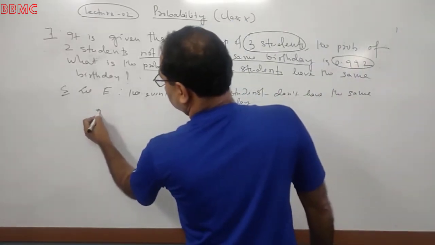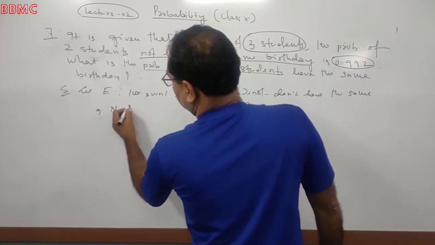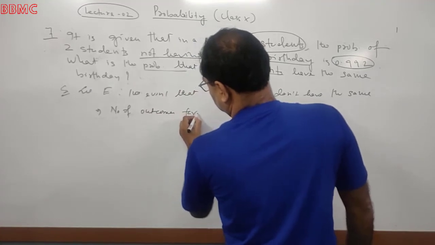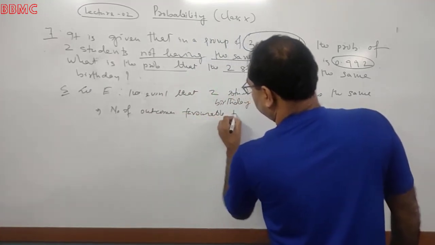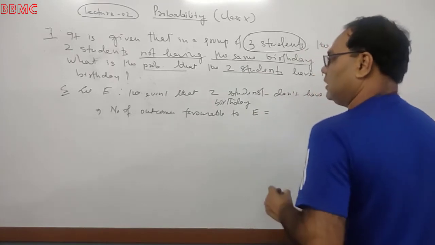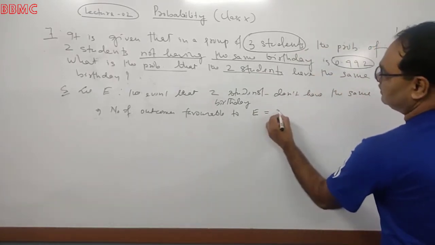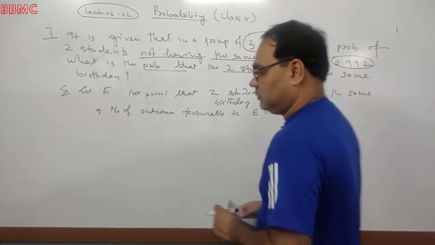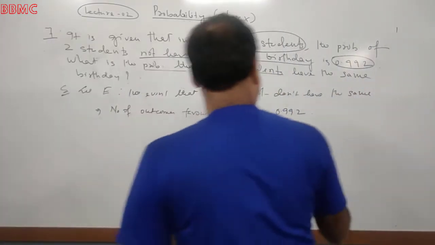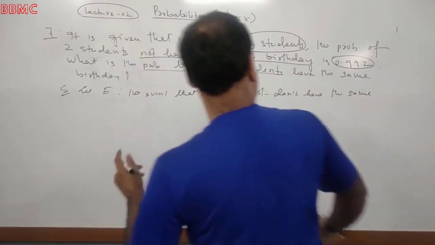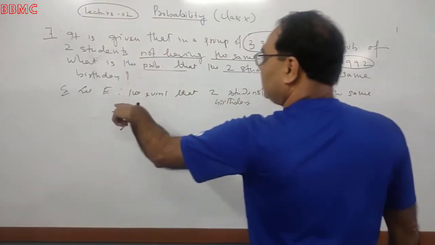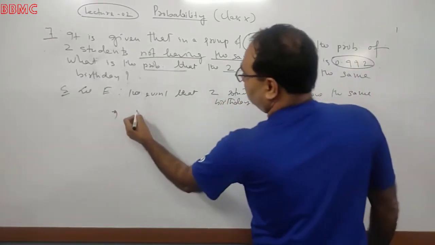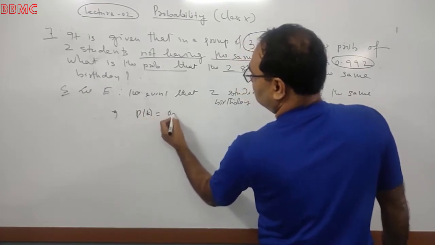This implies the number of outcomes favorable to E is equal to what? Sorry, this will be what? This implies, let E be the event that two students do not have the same birthday. Therefore, P of E is equal to 0.992.